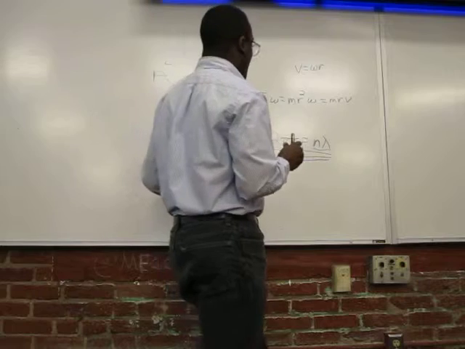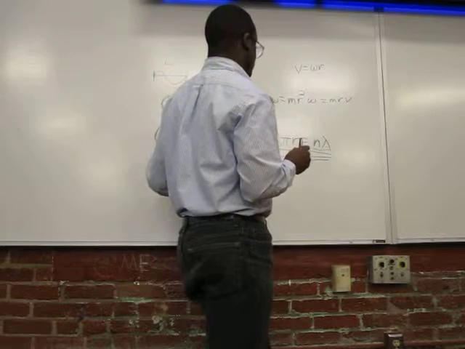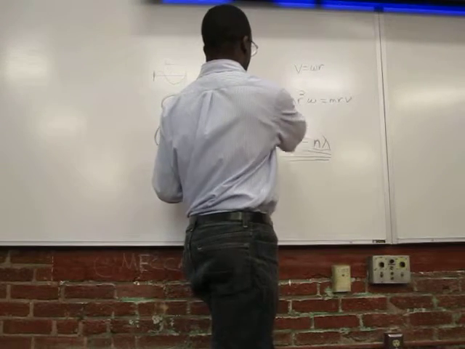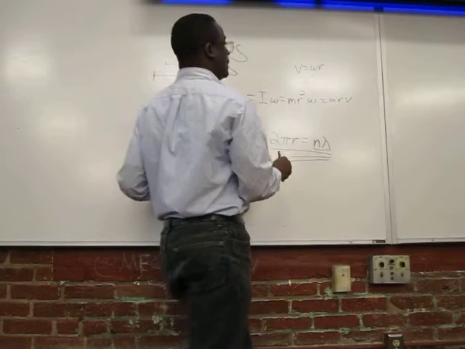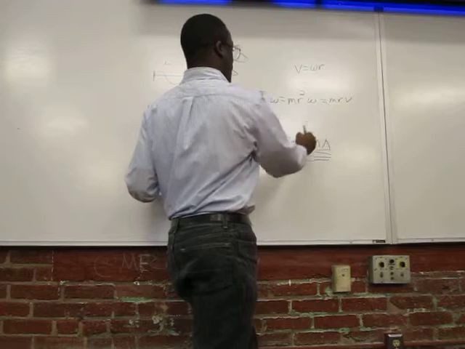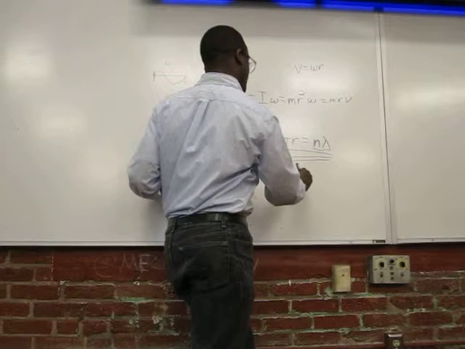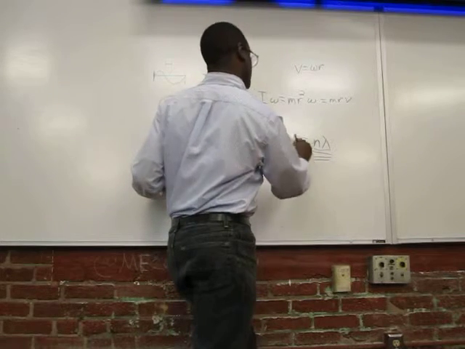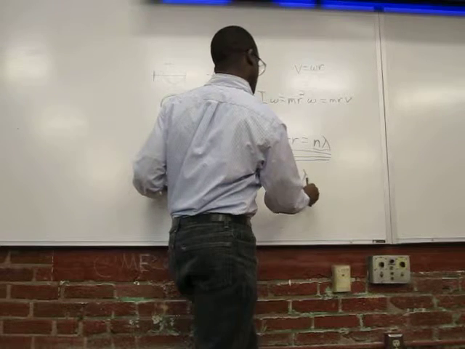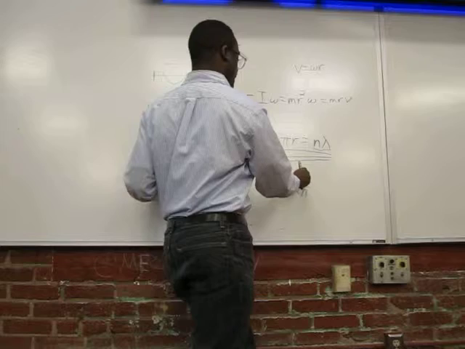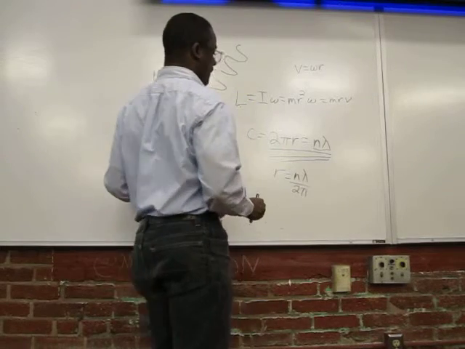okay, then that's going to have certain implications on your angular velocity. What are those implications? Well, that's going to mean that r can only take on these values, n lambda over 2 pi.